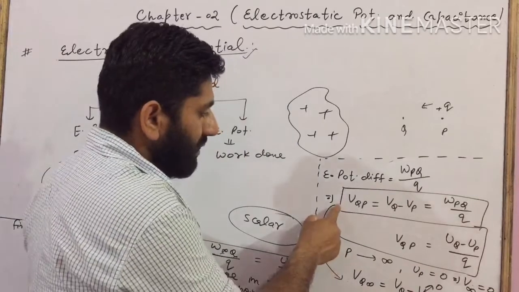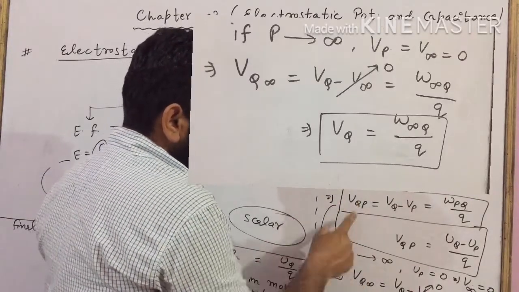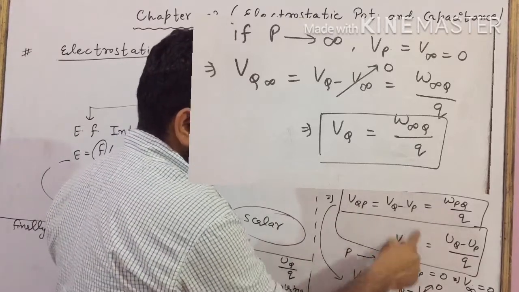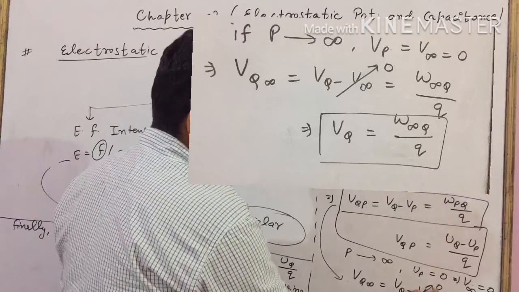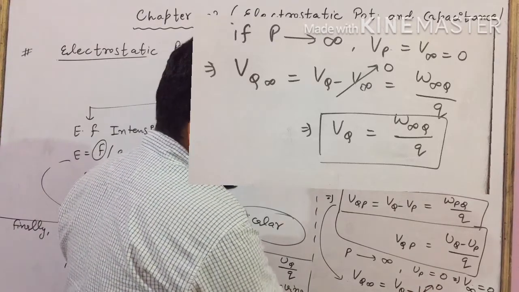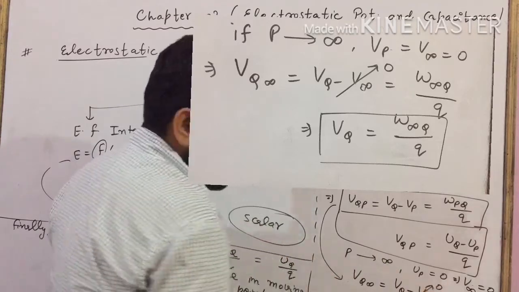So if I use this condition in this equation, in place of P I can write infinity, so it becomes V_Q minus V_infinity, but V_infinity is 0. So this becomes V_Q equal to W_infinity Q upon Q. So what does W_infinity Q mean?